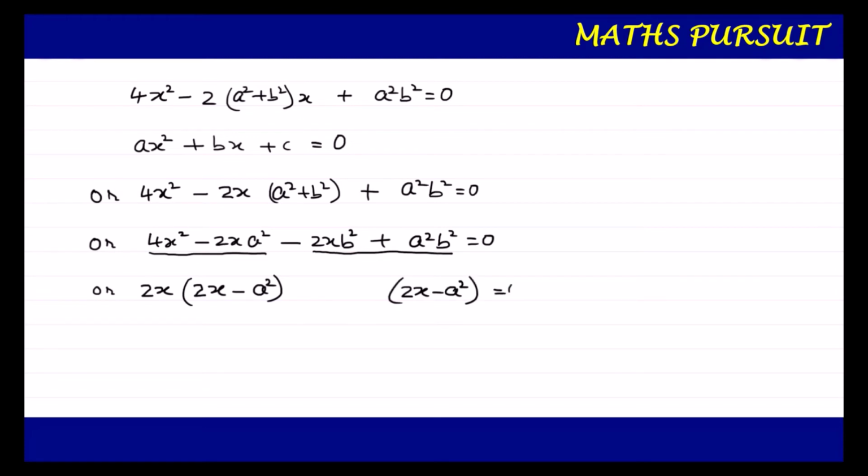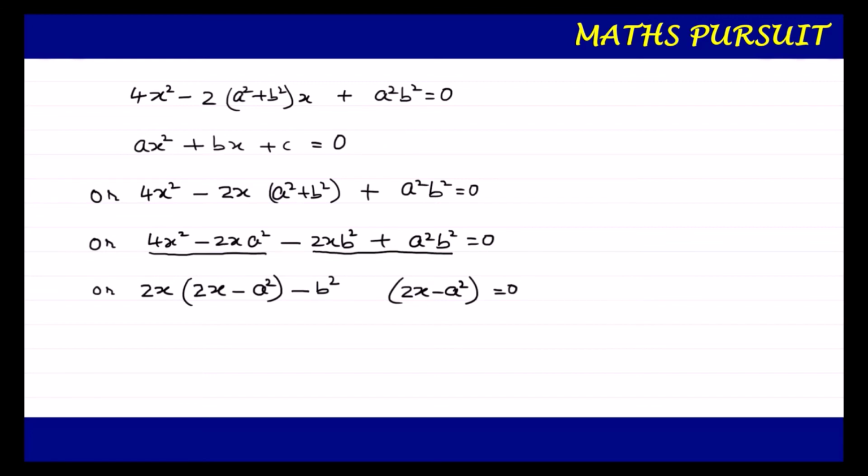But here what we required? We required −2xb², but here we have only 2x. That means I need to multiply −b² to this one. If I multiply −b² with 2x, I will get −2xb², and −b² into −a² is nothing but plus b²a². That is what I will get.